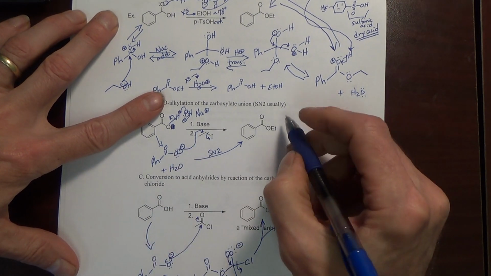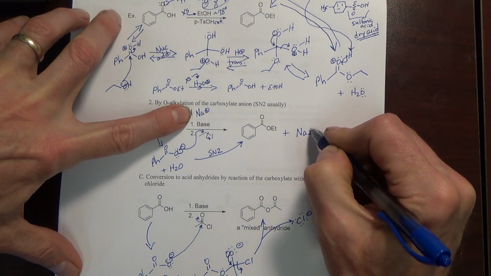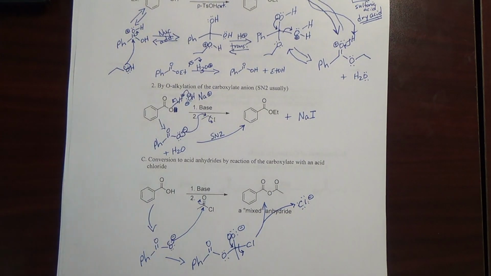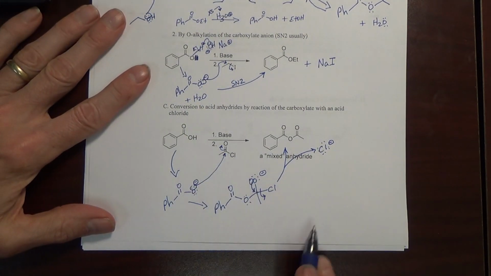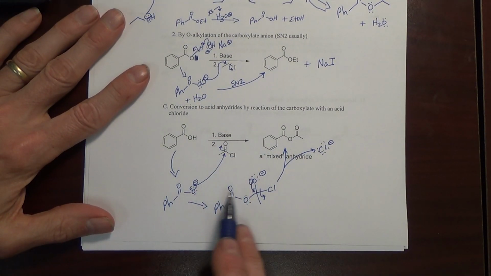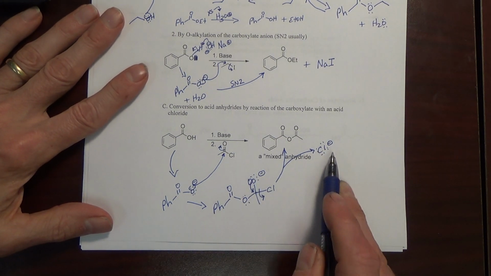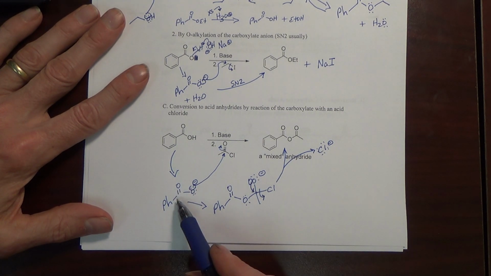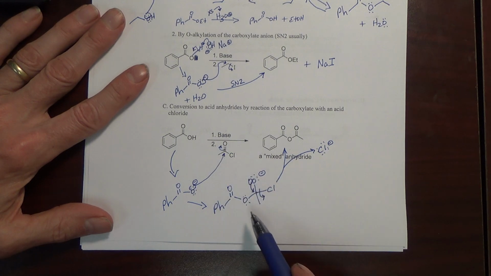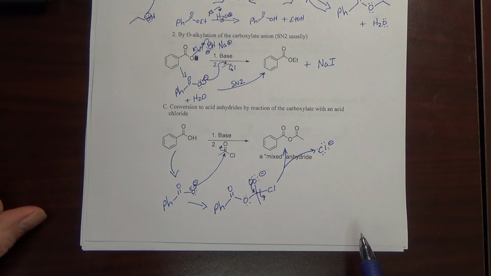And then ultimately we would also make here, if we use sodium hydroxide, you would make sodium iodide. All depends on what base you used here. If we use sodium hydroxide again, we would make water here and sodium chloride here. But you see, it's pretty straightforward chemistry. All right. We know we got a nucleophile, we know we have an acid chloride, this is the reaction we would expect, and yes, look at it, it's indeed a mixed anhydride.